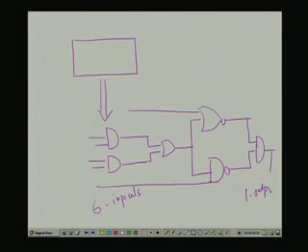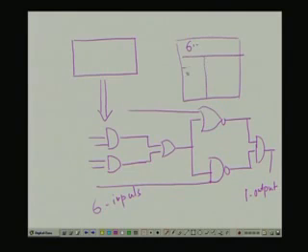Now, if I change some of the AND or OR gates, I am still getting the same function. That means, the truth table it is giving, for 6 inputs there will be some values 0 1 0 1, and here also I am getting some output. These are my inputs and these are my outputs.